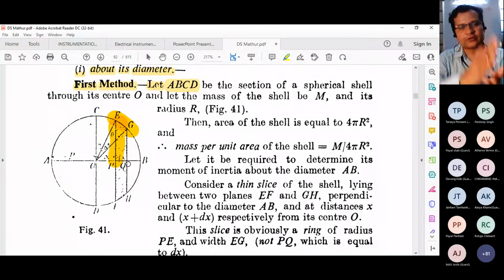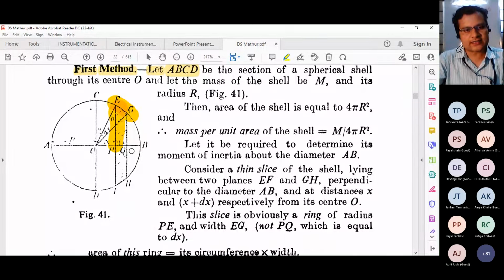If you make all those slices and integrate over all the distances, you will get a complete shell. So that's how to make a spherical shell with the help of small slices. That slice we need to take at a radius of a certain distance. Over here is O. P is what we have drawn over here.